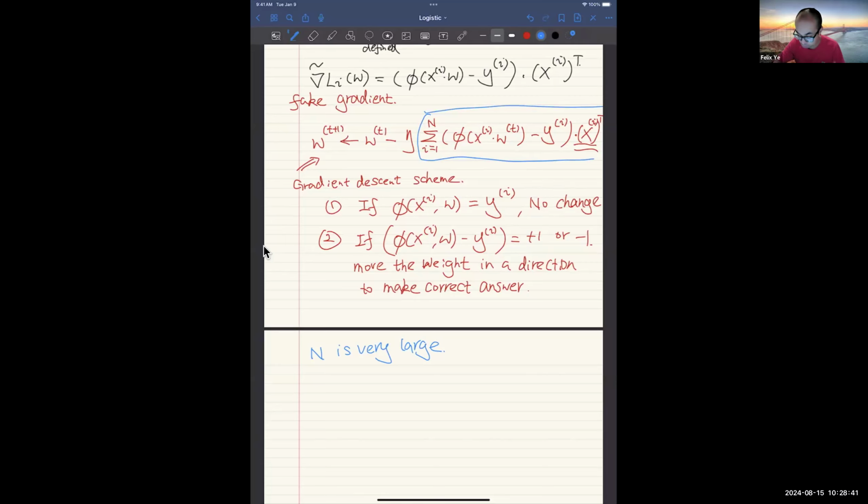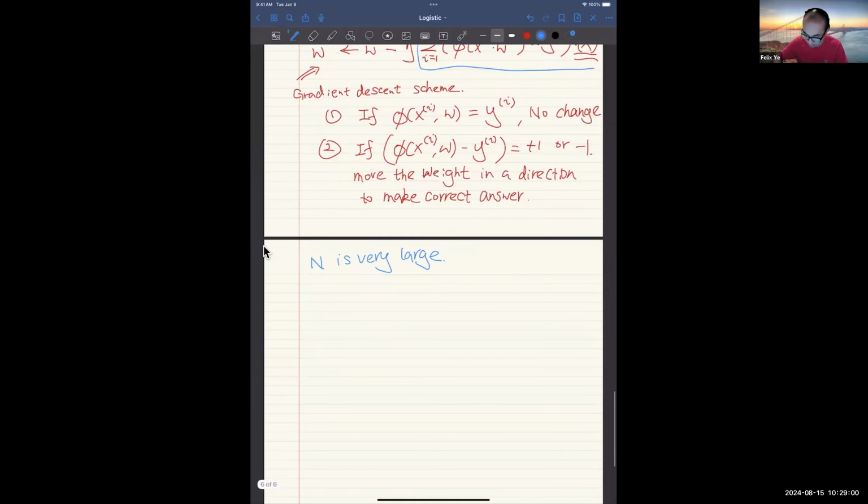Right? That's really, really expensive to sum all of the components together just to move one step of my W here. And this won't be efficient in high dimension anyway. So that's why this gradient descent will not be efficient.